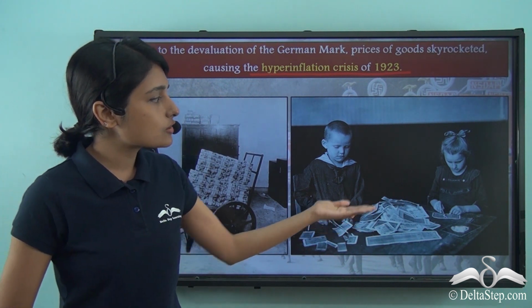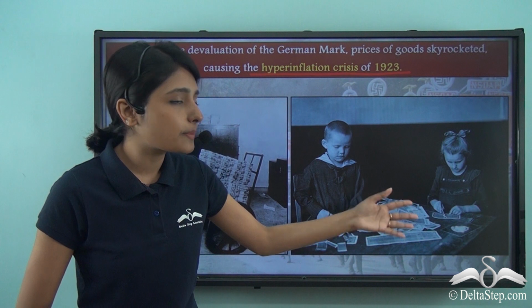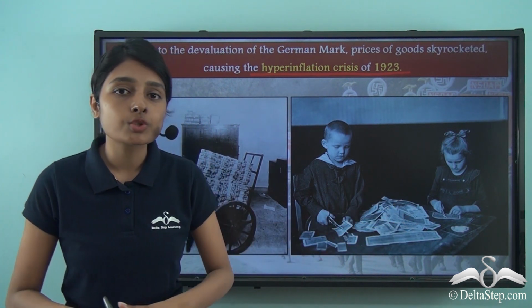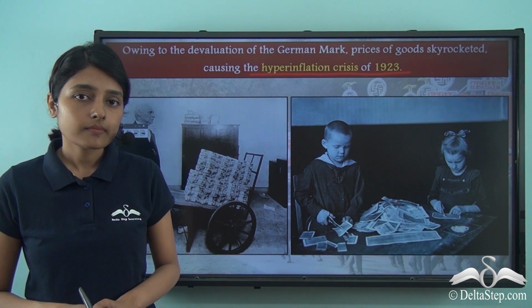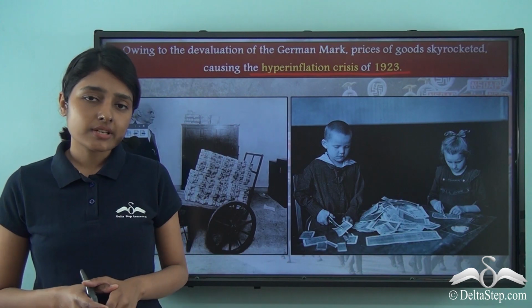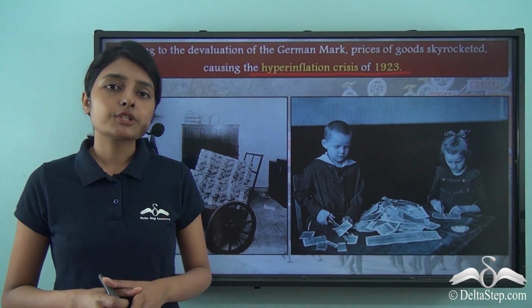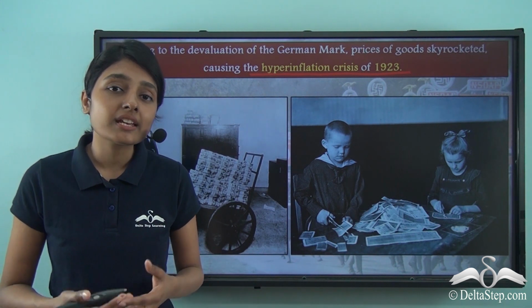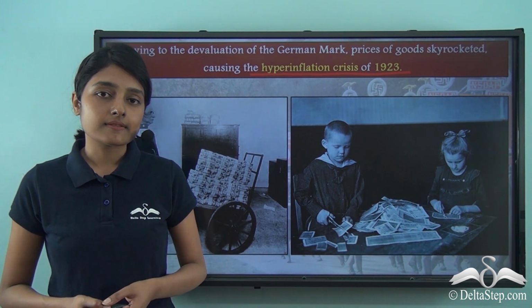Here you can see two children playing with a lot of paper currency. Well, this was what the German mark had come down to at this point of time. The masses were severely suffering because of this. They were not able to procure bread and other necessary items that they required to feed and sustain themselves.